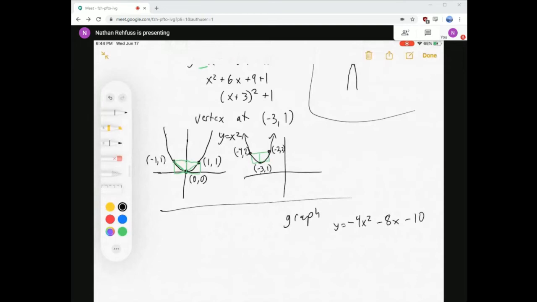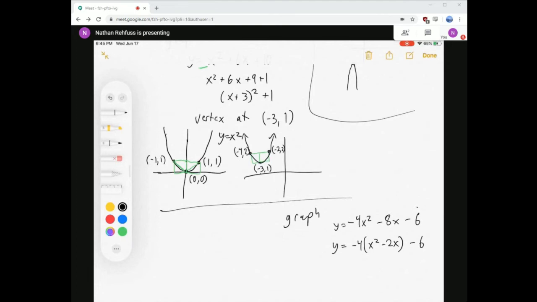Oh, not 10, 6. Let's do it like this. y equals -4x squared minus 8x minus 6. That's a bit of a mess. So what I'm going to do is pull out a -4 just from the first two terms. Like so.